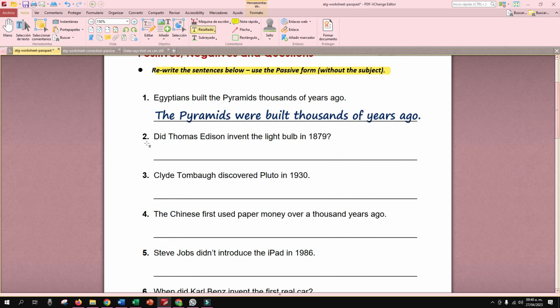What about this? Did Thomas Edison invent the light bulb in 1879? How would you write that one? You need to write that in the past.